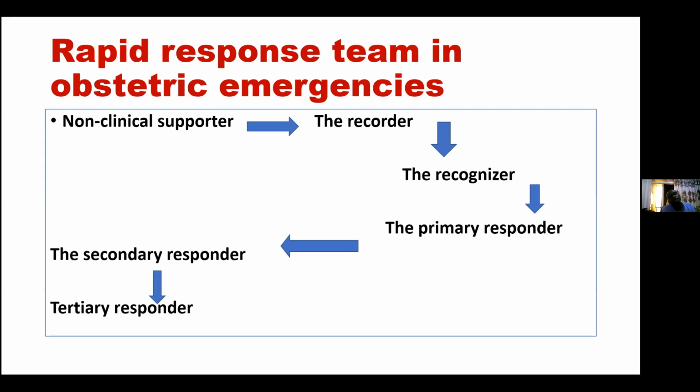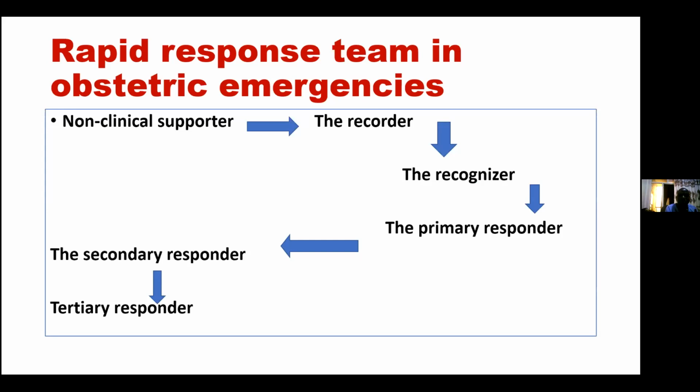The next slide shows the sequence you have in case you need to intervene. As you can see, the non-clinical supporter may alert the people, and then the very basic person will record vital signs and alert people who can interpret the vital signs or the deranged physiology, which is not the normal physiology of pregnancy.